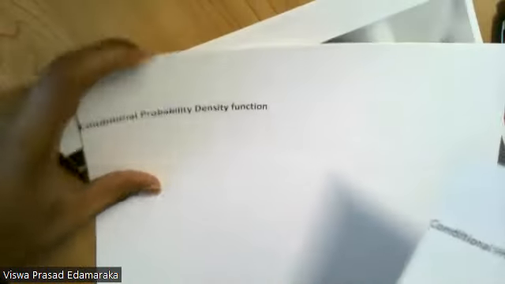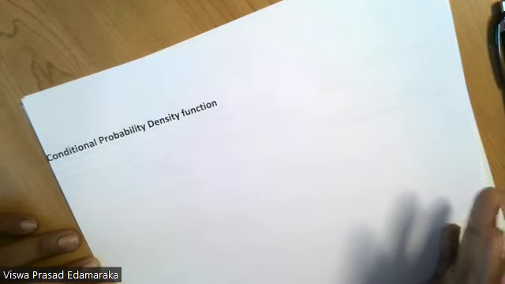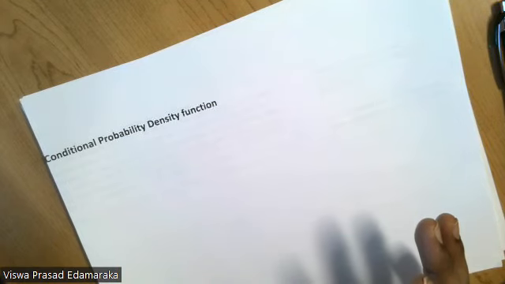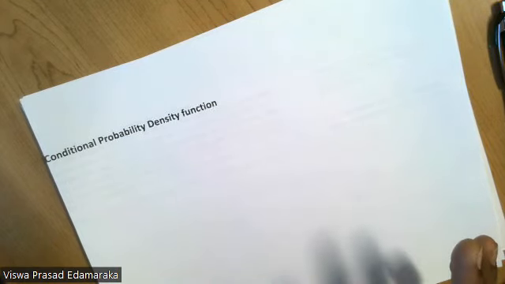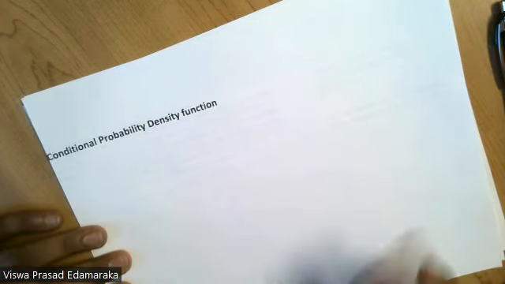Now, conditional probability density function. Density means continuous. Mass function means discrete. You should remember this difference. Mass function is all about discrete random variables, whereas the conditional density function is related to continuous in this 5th chapter.